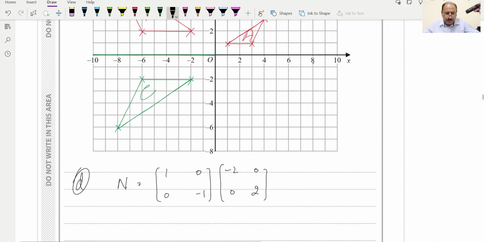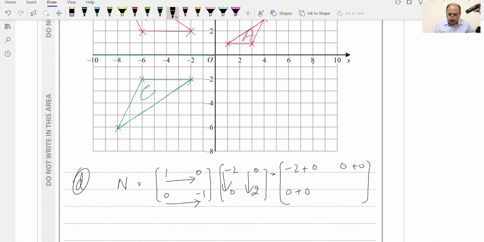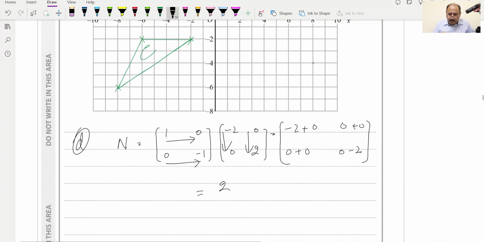0 1 and 0 -1 and -2, and if we multiply these two matrices, this row and this column, what will we be getting? We'll be getting -2 and +0 and 0, the first row second column will be 0 plus 0, and next the second row first column will be 0 plus 0, and second row second column -2 basically.